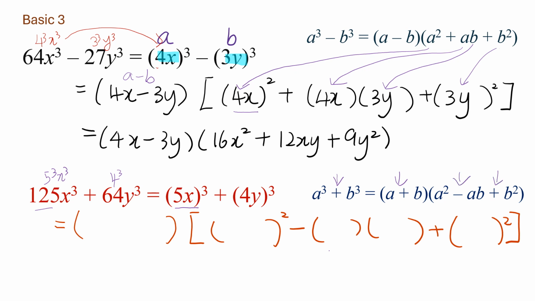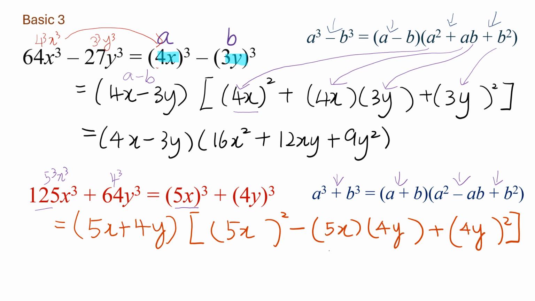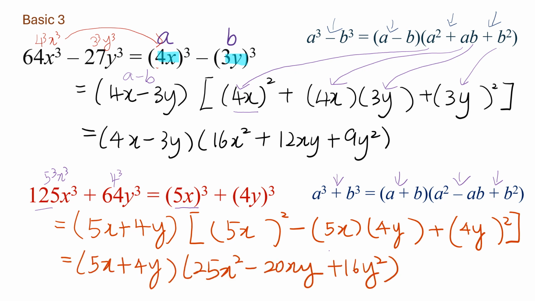If we're using difference of cubes, then it goes minus, minus, plus, plus. So that's the difference. Now we can fill in the values for a and b. Then we simplify 5x times 5x to get 25x squared, minus 20xy, then plus 16y squared. So this is how we can use the formula to factorize sum and difference of cubes.